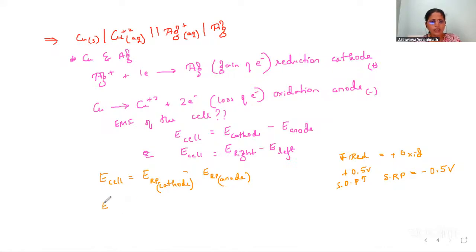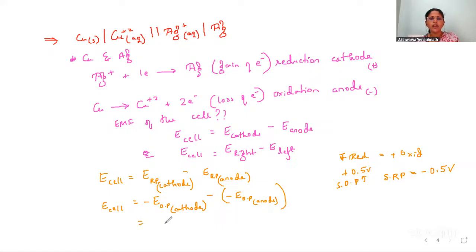Please see, E cell. In terms of oxidation potential, the sign changes. So instead of E reduction potential, I write minus E oxidation potential at cathode. And for the E reduction potential of the anode, we write minus E oxidation potential at anode. Just go on simplifying.